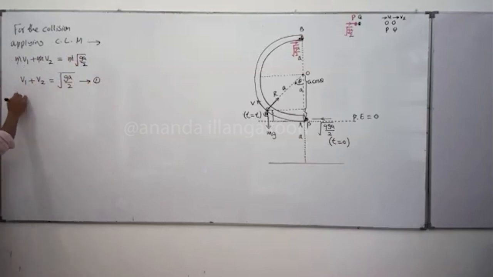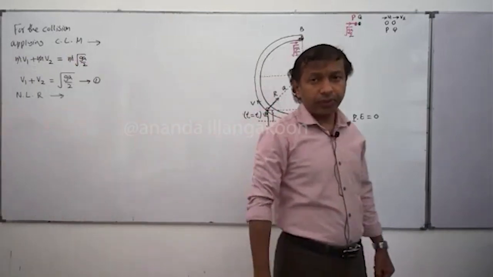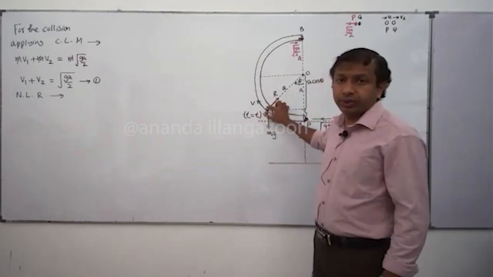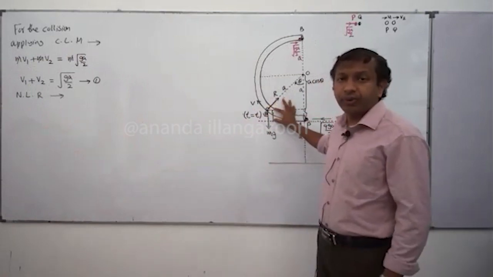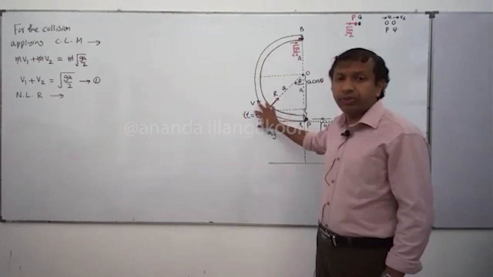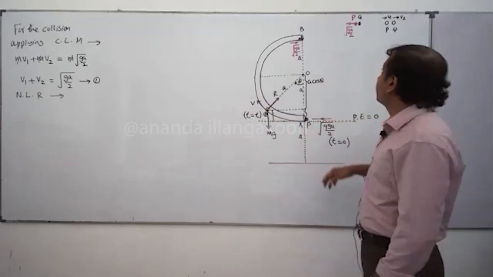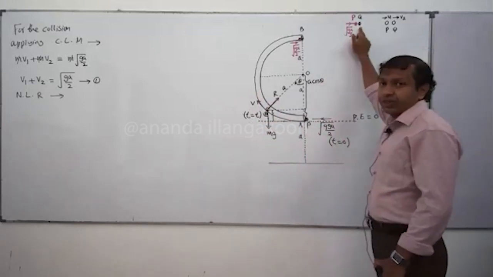Secondly, we can apply Newton's law of restitution rightward. Newton's law of restitution says, people, what? Minus e times the relative velocity before impact equals the relative velocity after impact. Before impact, only P is moving, Q is at rest.